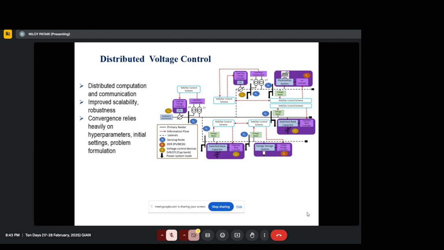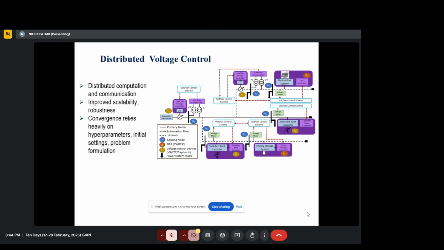Suppose the energy storage system controller: it senses its local voltage and can do its own computation, but at the same time, it can also communicate with, say, the switch capacitor bank. I'm giving an example, but it depends on how the feeder model is. It can communicate with the neighbor agent and then use that information in its own computation algorithm.